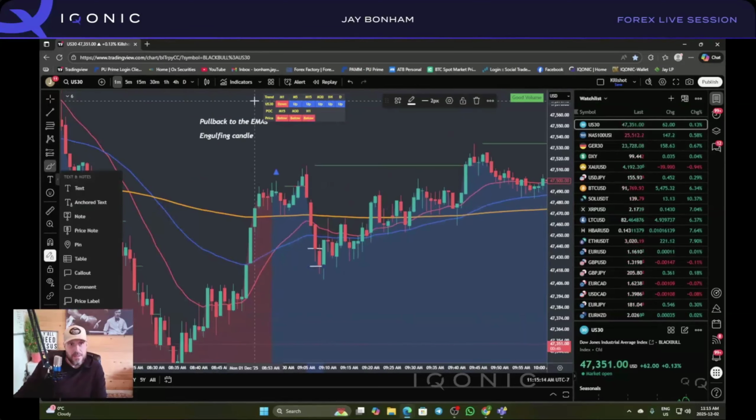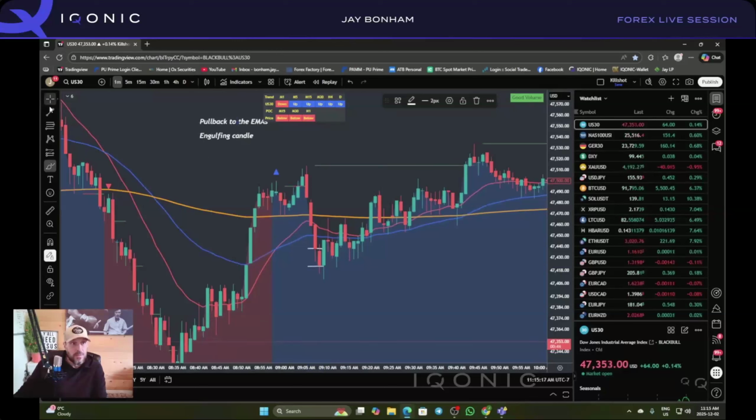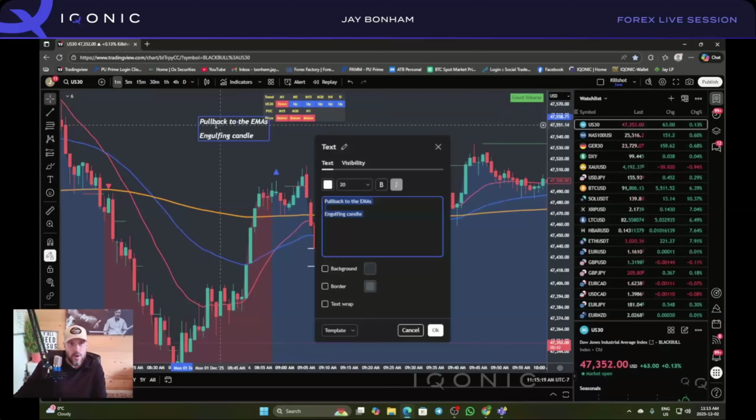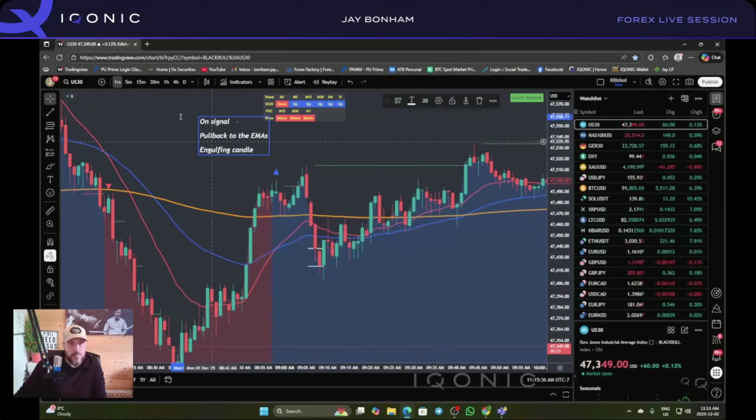Something else I didn't put in there is that we also want to make sure that it's on signal. We don't want to take pullbacks against the signals. The signals are our best probability of outcome. We need to make sure that it's on signal. But you understand what that means?